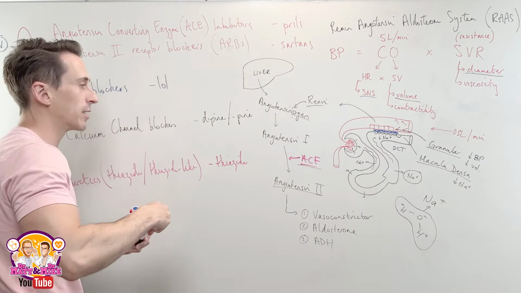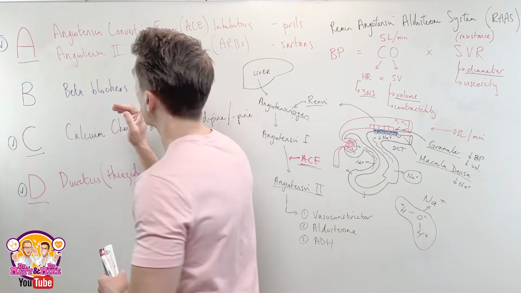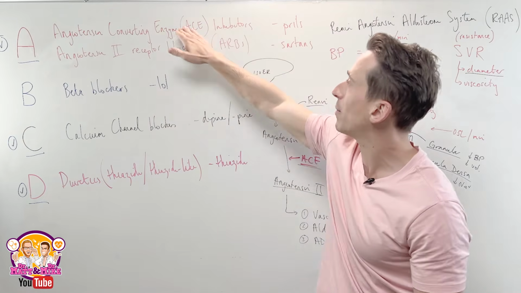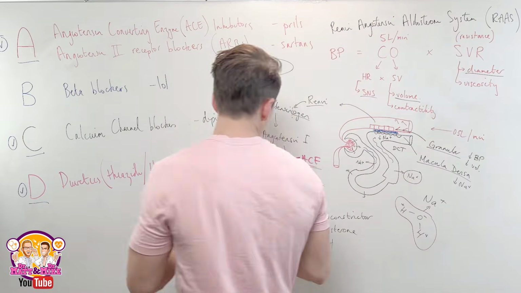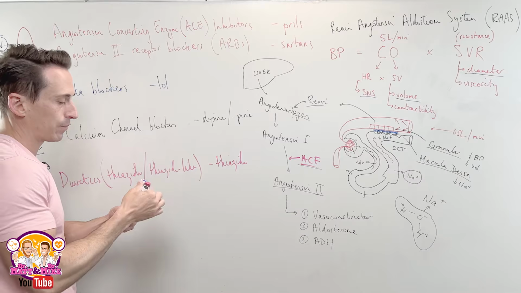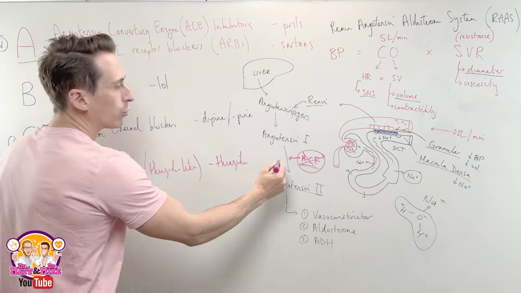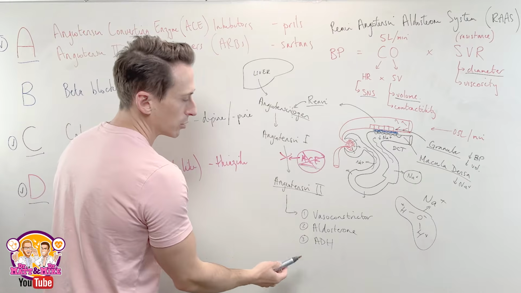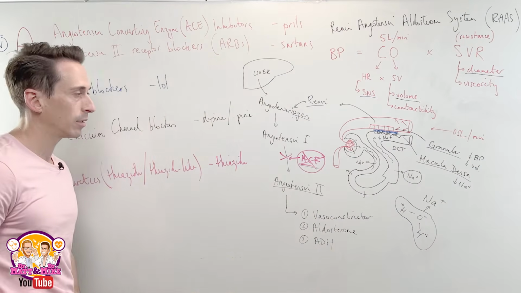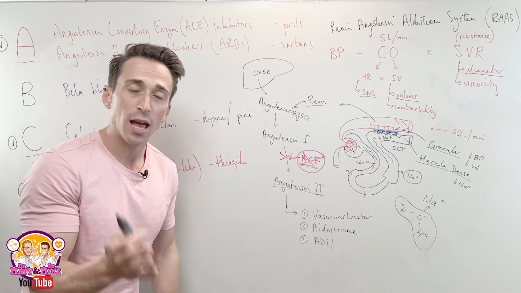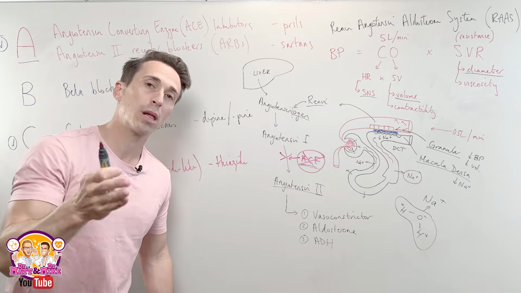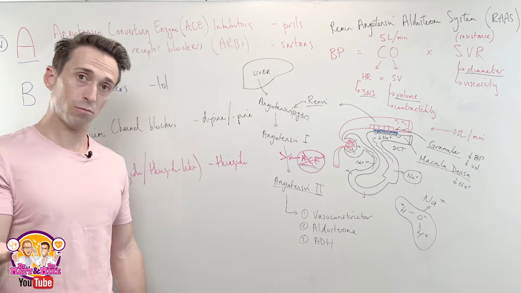ACE in this process. Therefore, when we look at angiotensin converting enzyme ACE inhibitors, if we inhibit ACE at this point, we don't go from angiotensin 1 to angiotensin 2. We don't get any of those things happening. And angiotensin 1 doesn't do much. Therefore, we can mitigate blood pressure increases. Great.